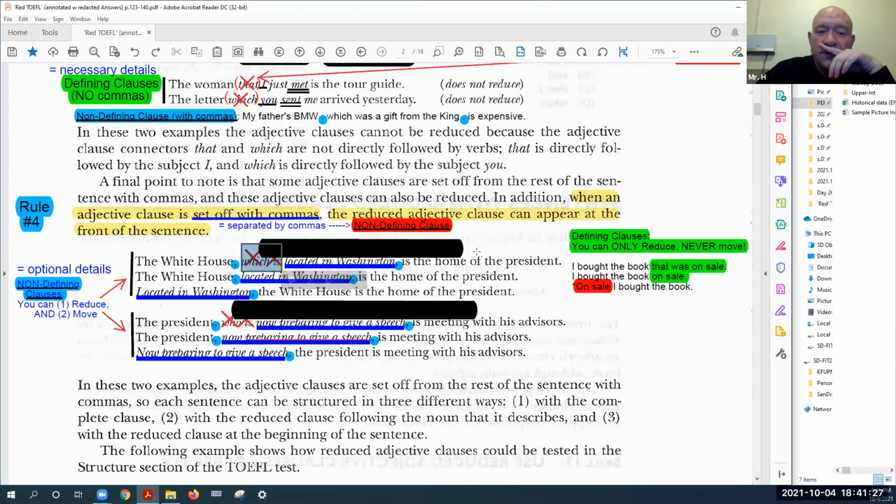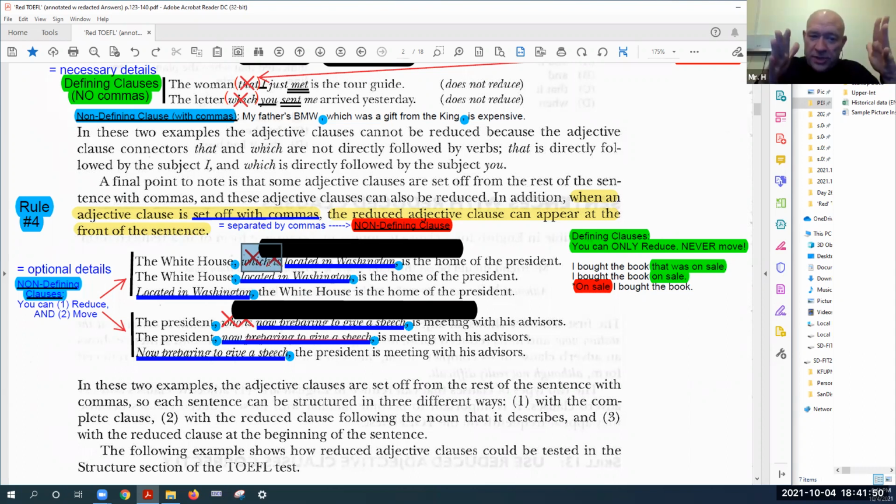Which is. I thought it's already deleted. Yeah, there are already X's here. But give me the full clause. The full clause: which is located in Washington.